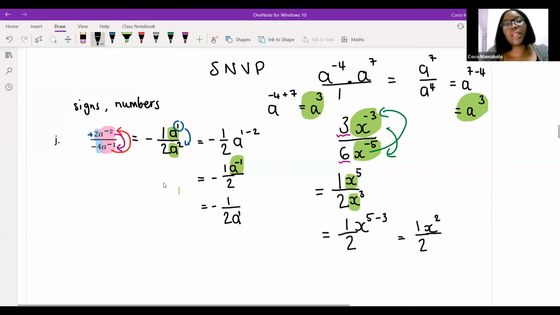Okay, so explain to me, how did your answer look after you canceled it? Then, ma'am, I took 2a to the power of -2 over -4a to the power of -1. So then my answer gave me -1a to the power of -2 over 2a to the power of -1.